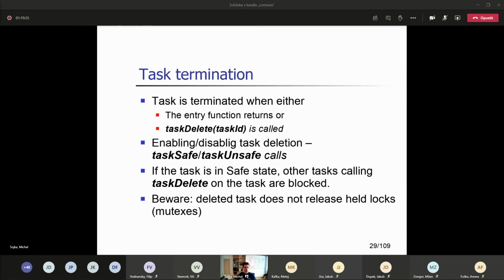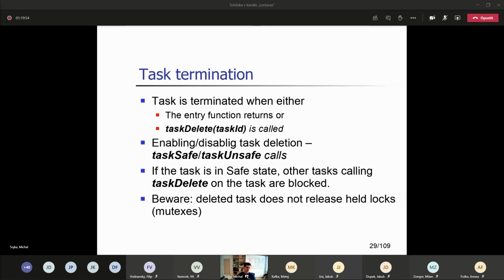But if some other task kills the task between the allocation and the deallocation, there will be nobody who could deallocate the memory. So this will result in memory leaks. For this case, it's useful to disable task deletion and enable it again.